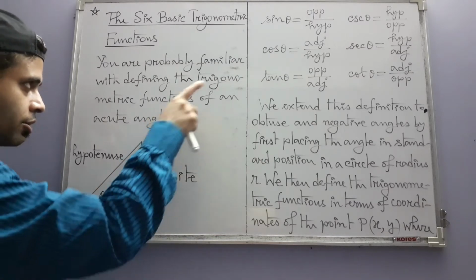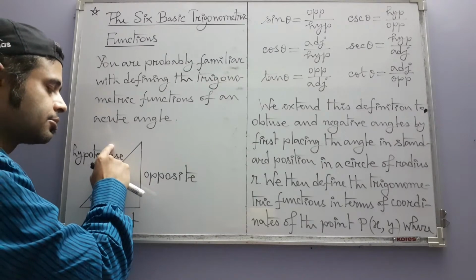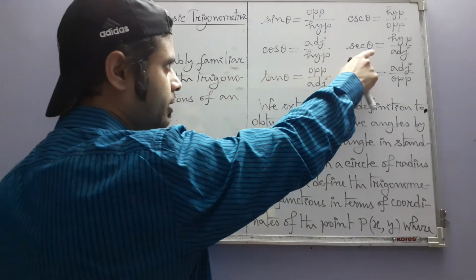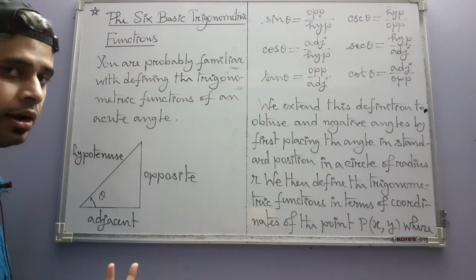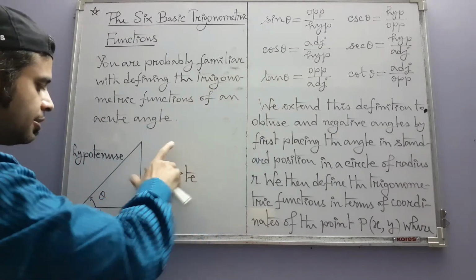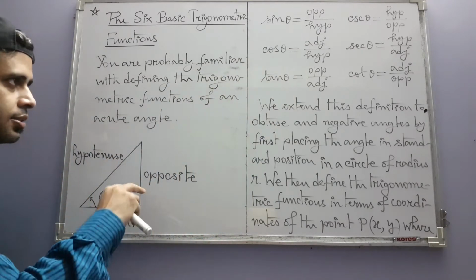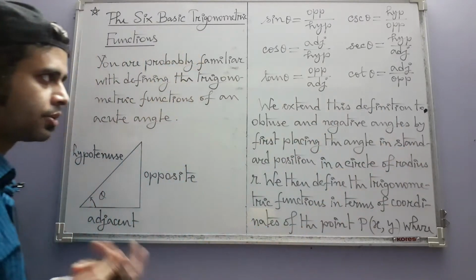Like that, cosine of theta is adjacent divided by hypotenuse, and its reciprocal is secant theta, hypotenuse divided by the adjacent side length. And then tan theta is opposite divided by adjacent, and its reciprocal, cotangent theta, is adjacent by opposite.